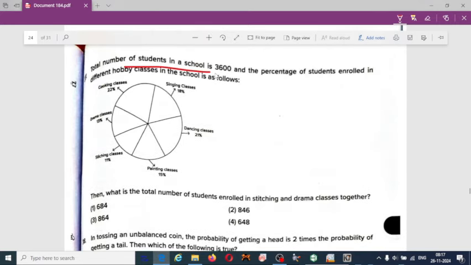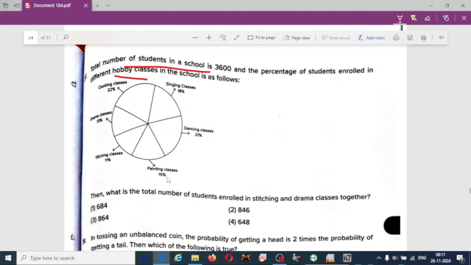The total number of students in the school is 3600, and the percentage of students enrolled in different hobby classes is as follows: singing, cooking, drama, stitching, dancing, and painting are the options.